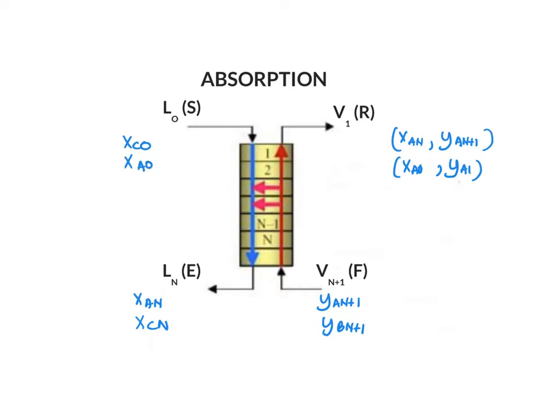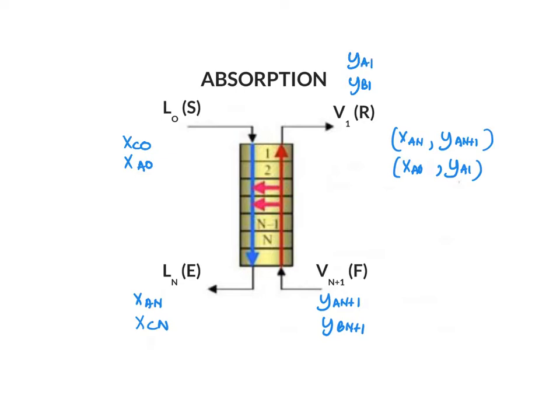For the raffinate stream, all the air will be released at the raffinate, so therefore YB1. And then some of the solute, at a very minimum concentration or mole fraction, will also be released at the raffinate. So we can label that as YA1.